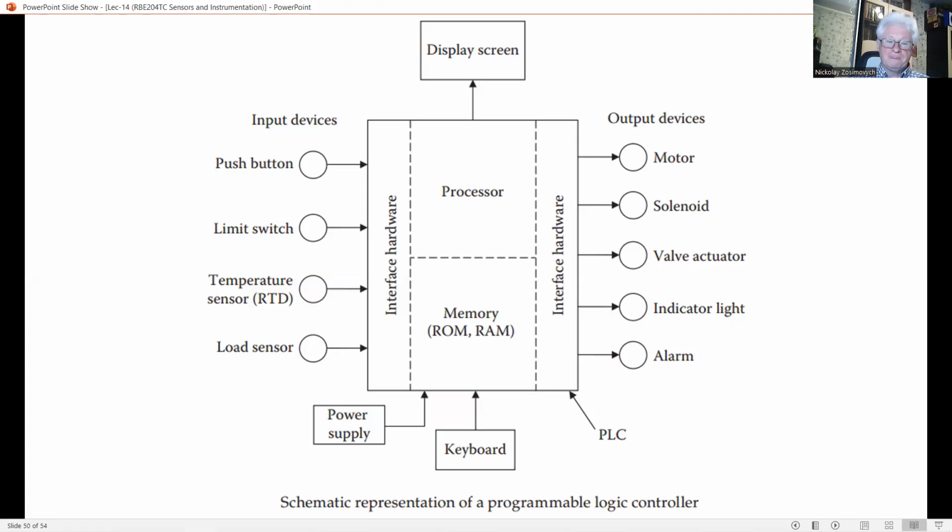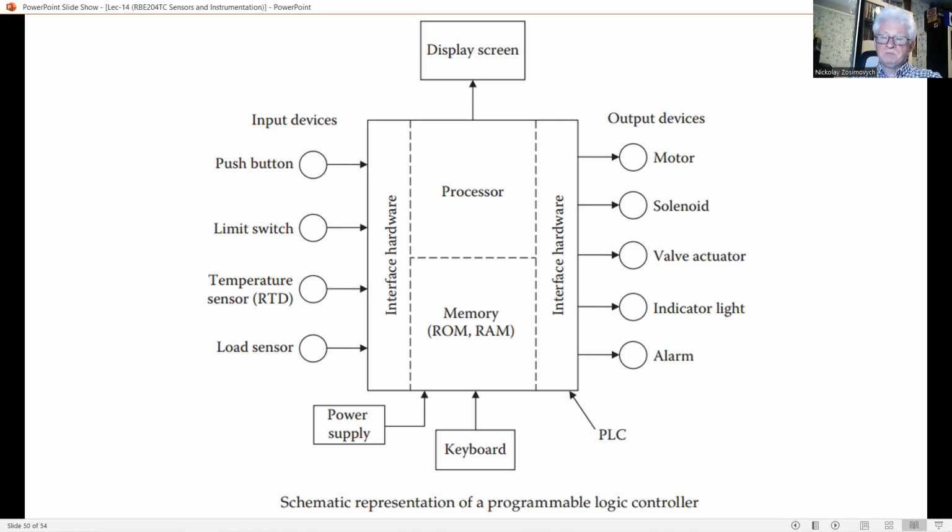Connected to a PLC are a set of input devices like push buttons, limit switches, and analog sensors such as RTD temperature sensors, diaphragm type pressure sensors, piezoelectric accelerometers, and strain gauge load sensors, and a set of output devices like actuators such as DC motors, solenoids, and hydraulic pumps, warning signal indicators such as lights, alphanumeric LED displays, and bells, valves, and continuous control elements such as PID control.